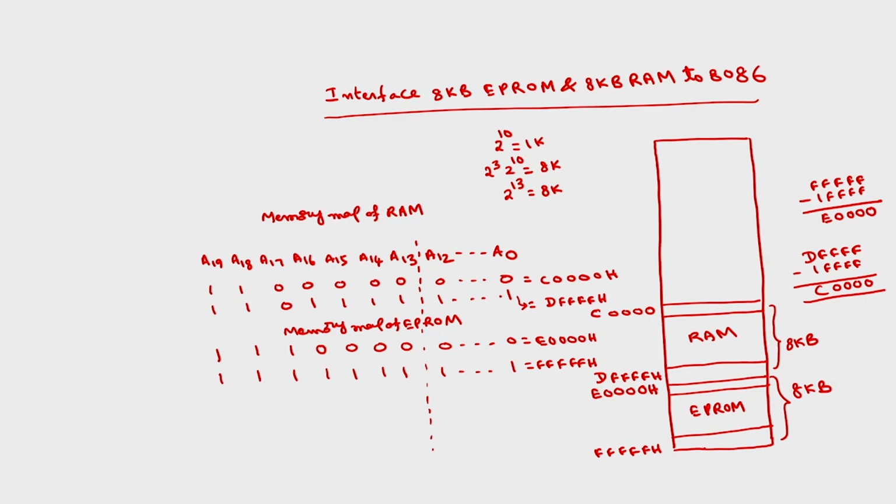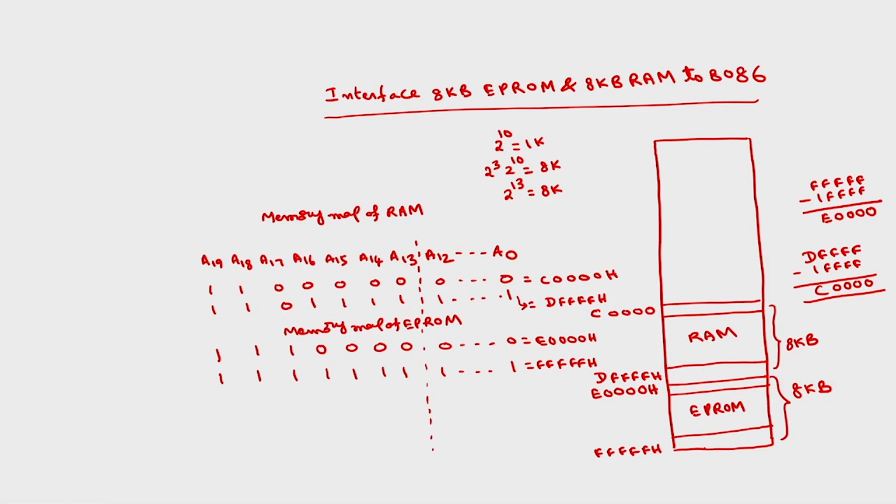If you observe this memory map, A19 and A18 are 1 in all the cases, whereas A17 to A13 is all zeros for the starting address, and for the last address it is 0, 1, 1, 1, 1.